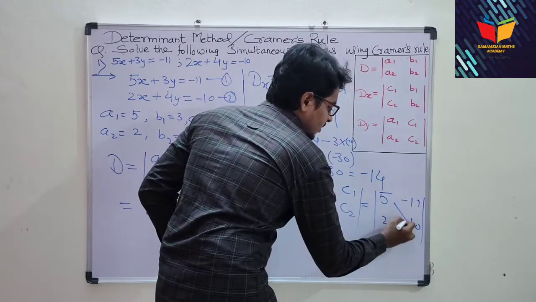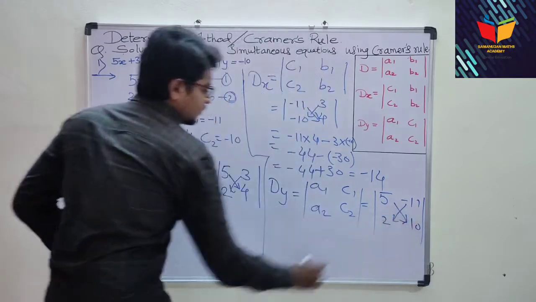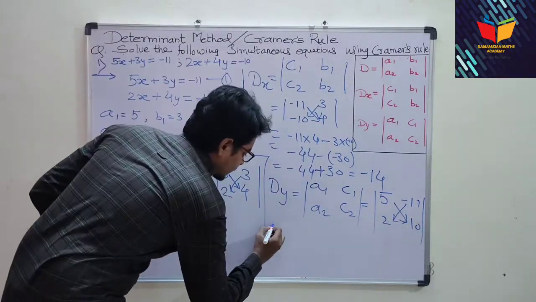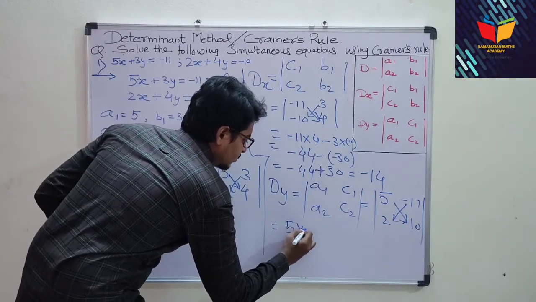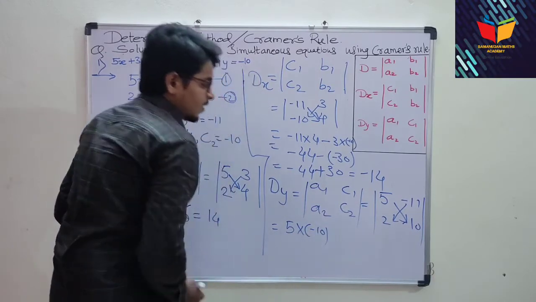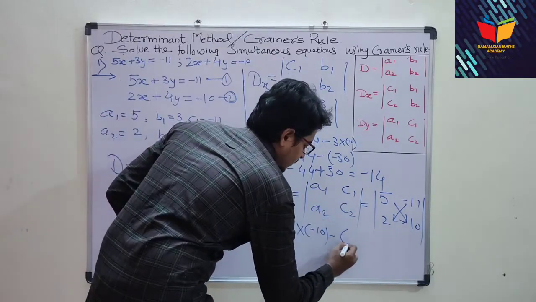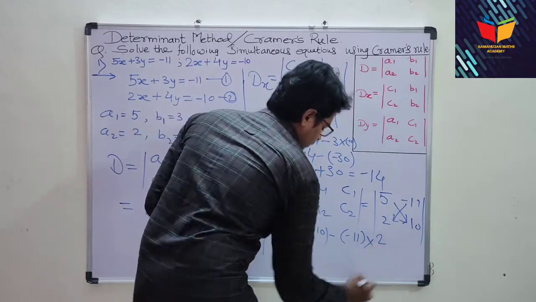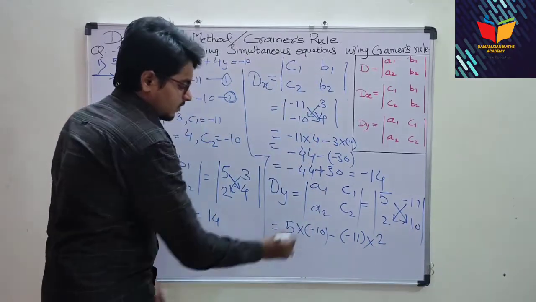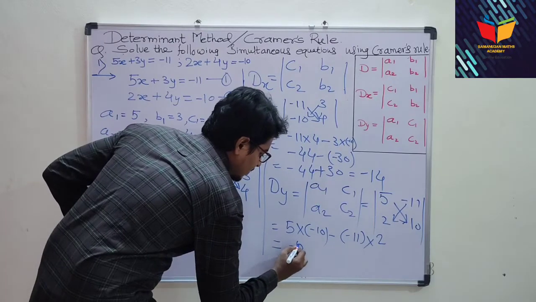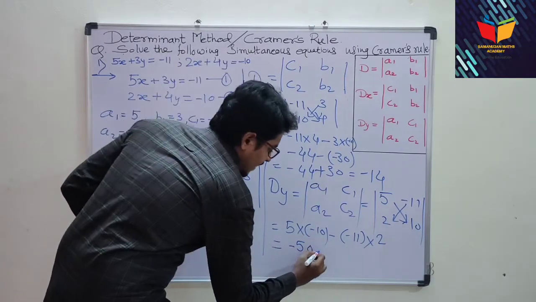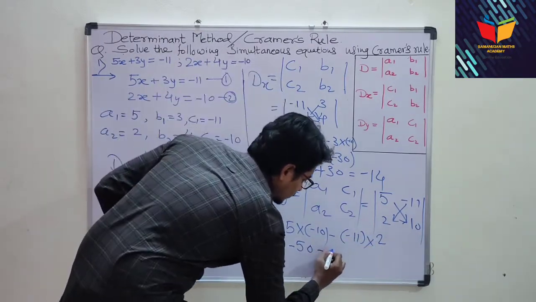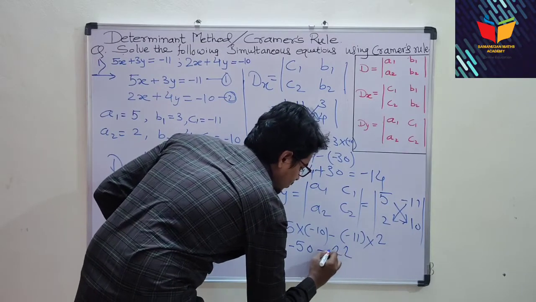Now take their multiplication. So 5 into minus 10, minus of minus 11 into 2, which is equal to 5 into minus 10, minus 50, minus 11 into 2, minus 22.